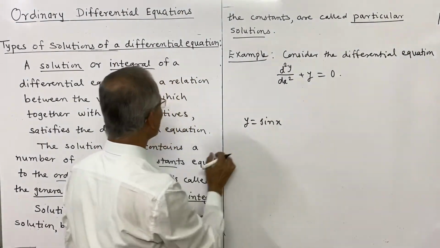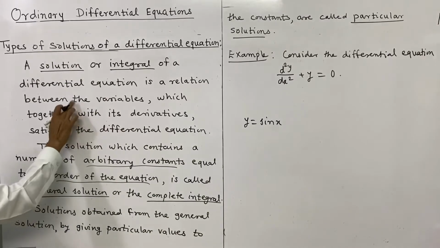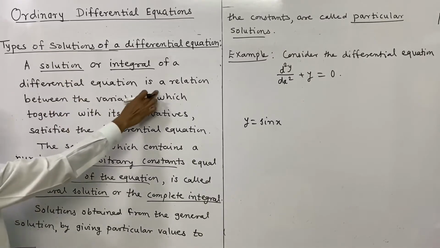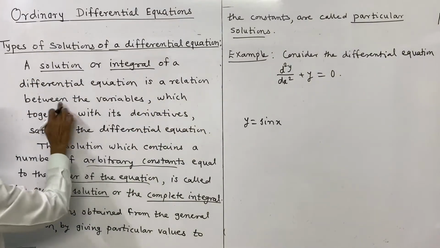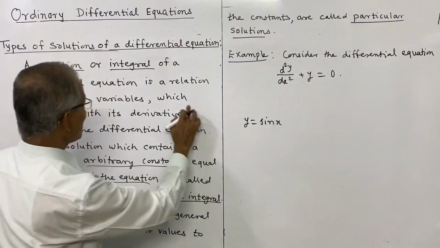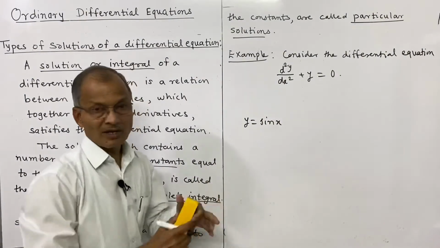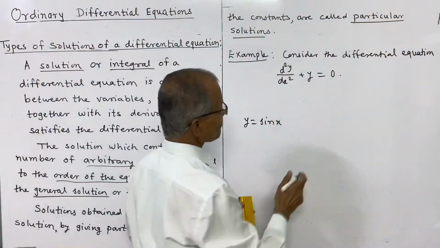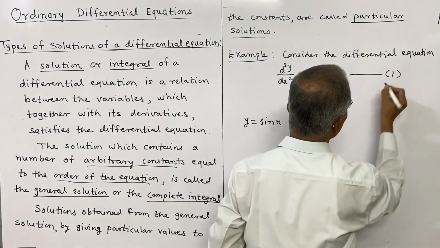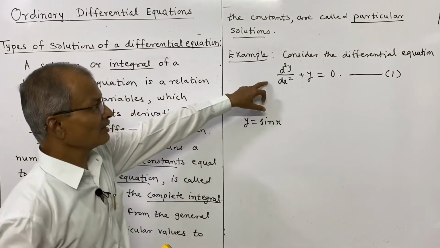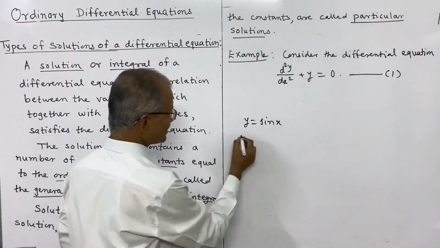This must satisfy the equation. The solution is a relation between the variables y and x, which together with its derivatives satisfies the equation. But the equation has a second derivative, so we have to obtain the second derivative. What is the first derivative of this?